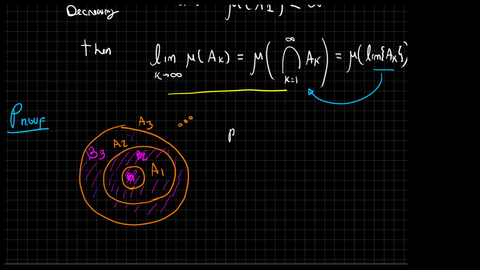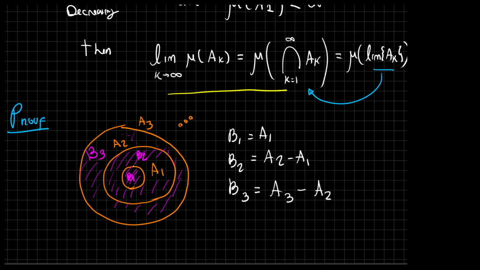Let me write it here. V1 is A1, V2 this time is A2 minus A1. But for V3 we won't need to make the union of A2 and A1, just subtract the elements of A2.